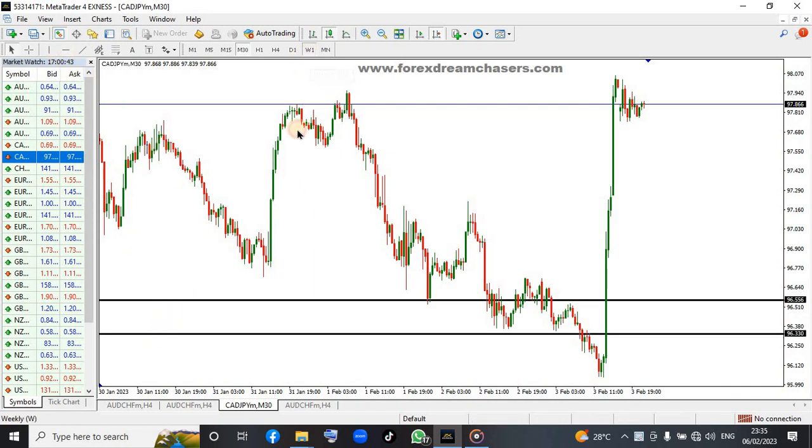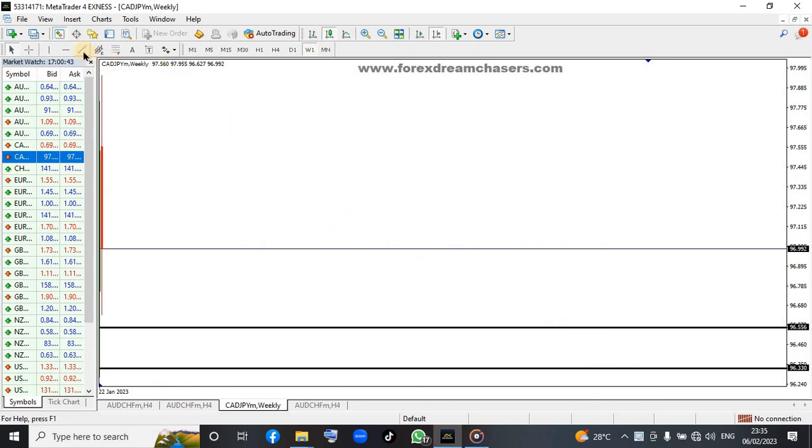Let me go to weekly. This is what you're gonna see. It's gonna be a consolidation that's between support and resistance.